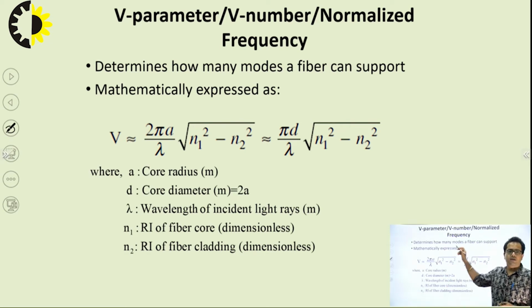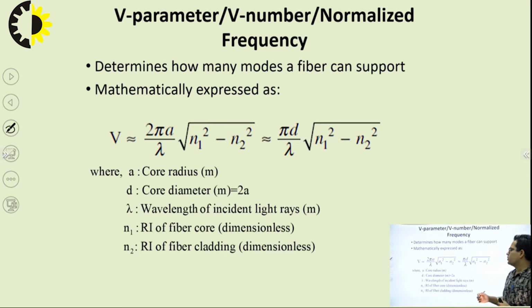So this normalized frequency gives us information about a particular optical fiber, as to how many modes that fiber is going to support or propagate. Now what is the expression for the V number?